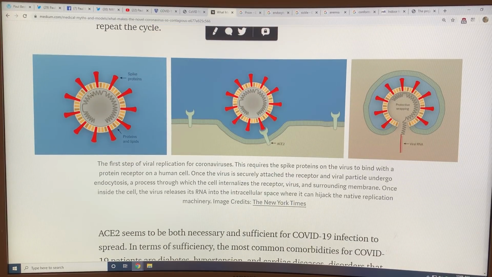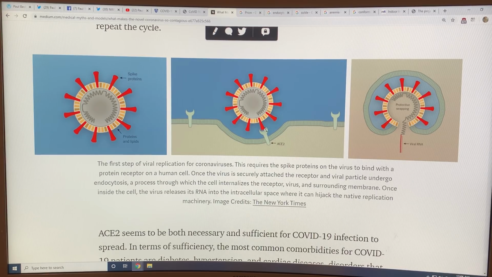So this is the coronavirus, a cross section. You've got a sphere, the single strand of RNA inside, and these spike proteins. This is the lipid and proteins making up the fatty outer layer. It goes to the cell of the body, where there's an ACE2 receptor docking station.